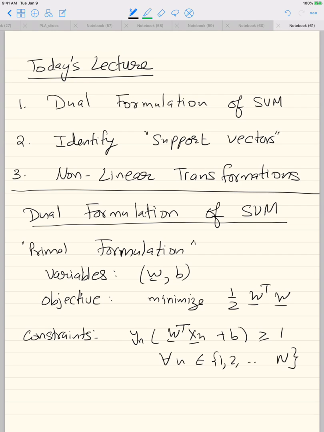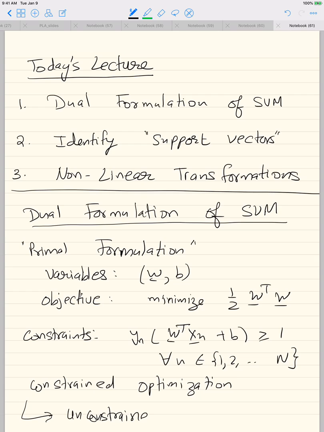Okay. This is a constrained optimization because we have explicit constraints. We have n constraints, one for each training point. Our first step is to transform this into an unconstrained optimization by introducing some additional variables, and then this will lead us to the dual formulation.